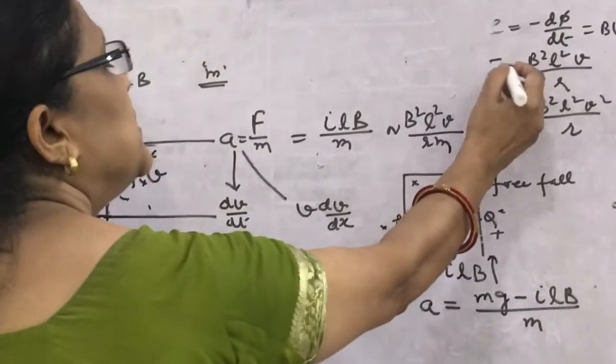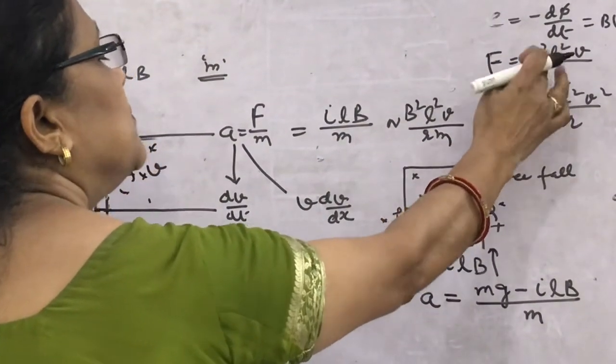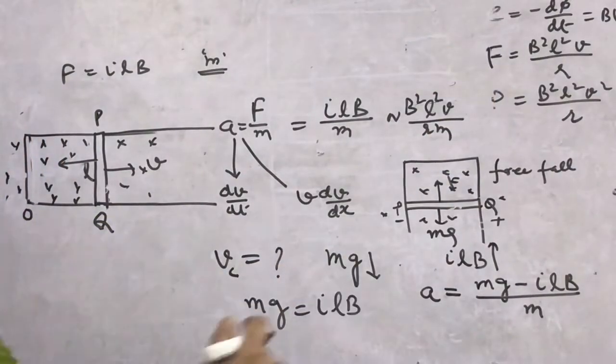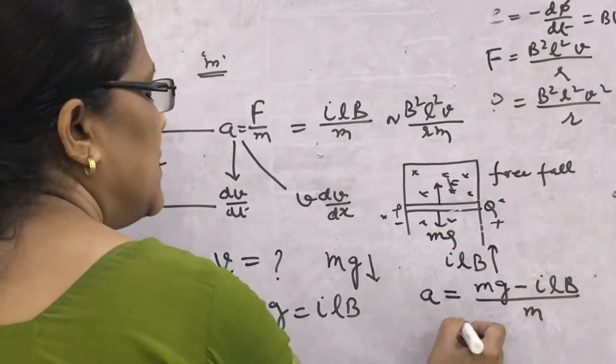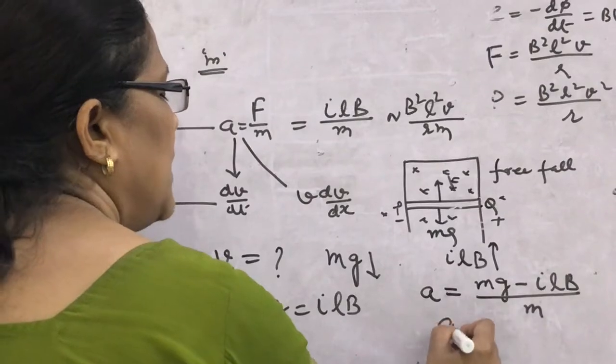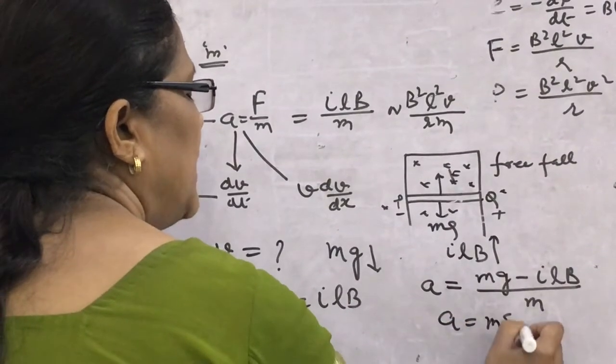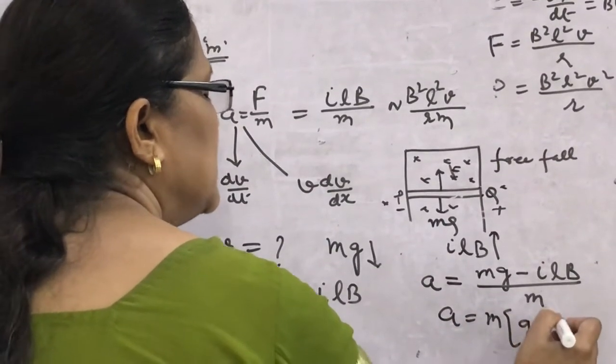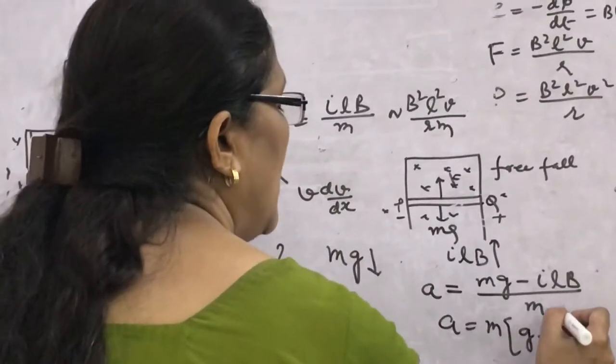ILB is the force which can be written in terms of B square L square V by R. Here you can also put this value, so you can find a equal to m common, g minus ILB.